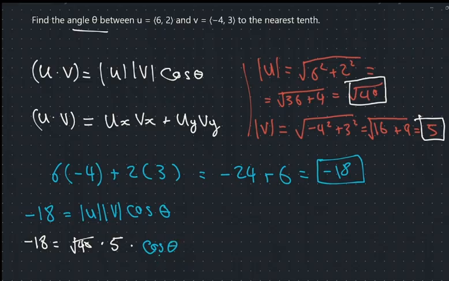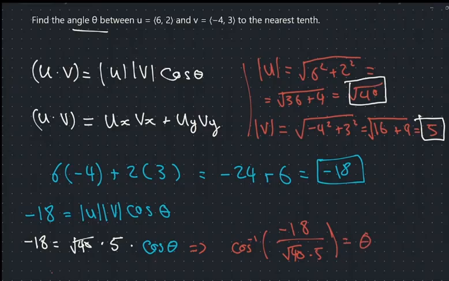And to calculate it, we will just use the cosine inverse, right? So using the cosine inverse, we can say that cosine inverse of negative 18 over root 40 times 5 is equal to theta.